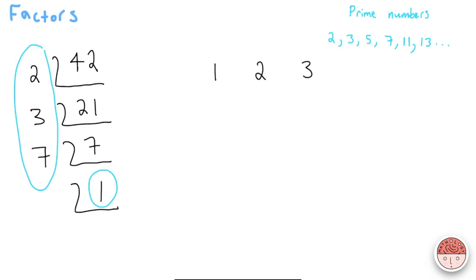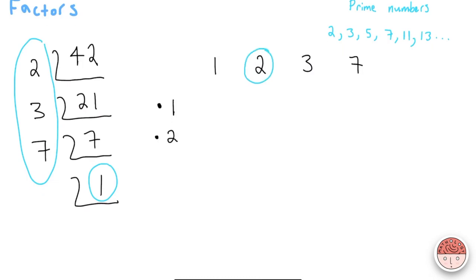Take all the numbers on the left side, or the circled numbers, and work out all the combinations like this. Firstly, each of the numbers shown here are all factors of 42, because they can all be divided into it. We start off by circling 1, because it is one of the factors of 42. And then we move on to the next number, which is 2.